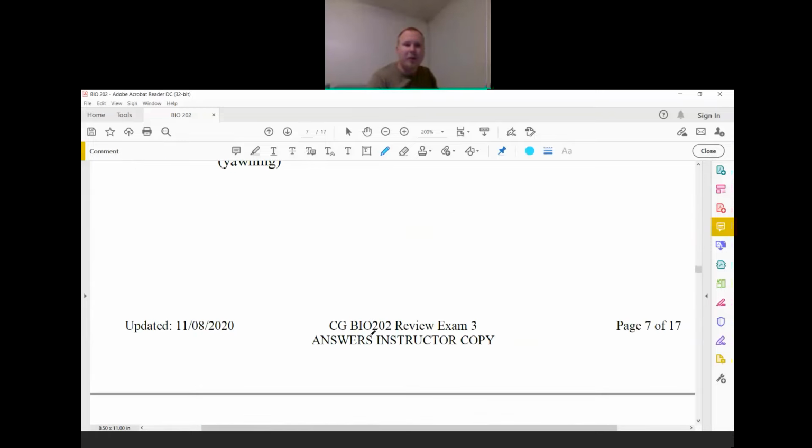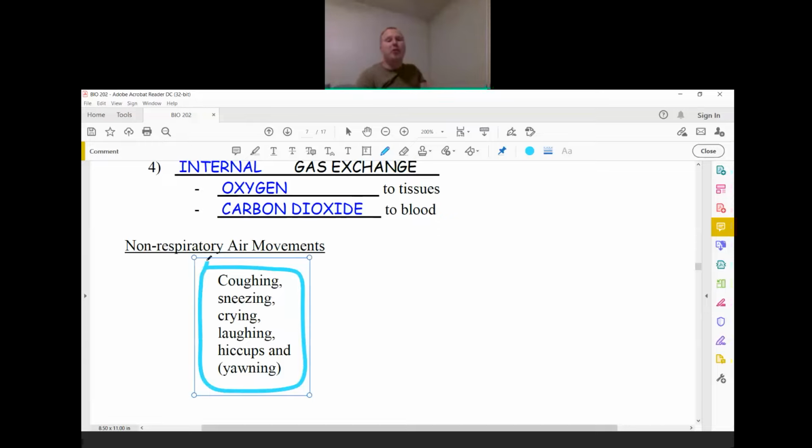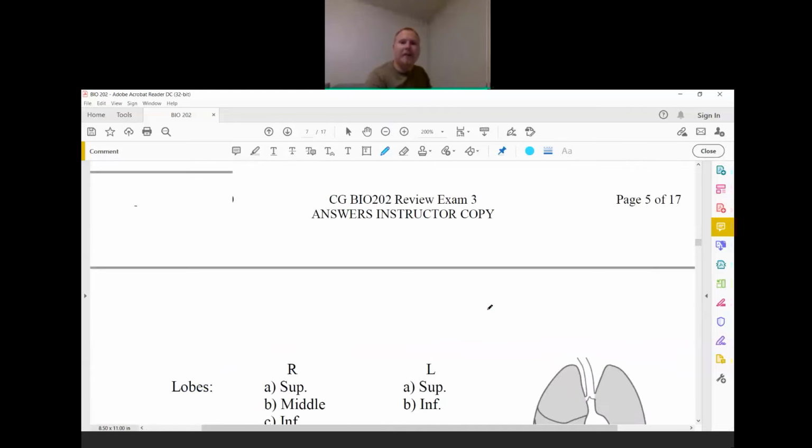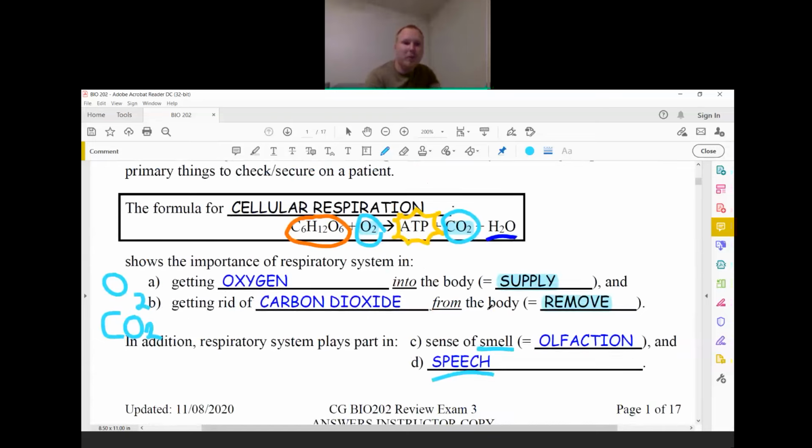The non-respiratory movements here, such as coughing, sneezing, crying, laughing, hiccups, and even yawning. So the respiratory system is involved in a lot of things. Well, now that we have looked at the very basics, I think that we're good to move on.